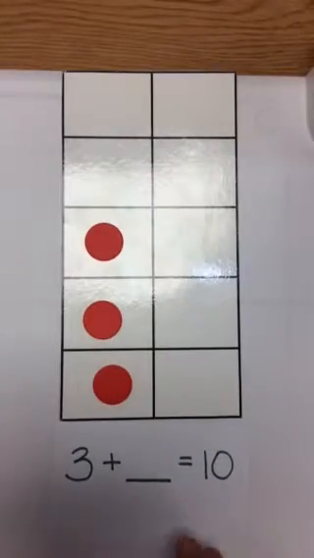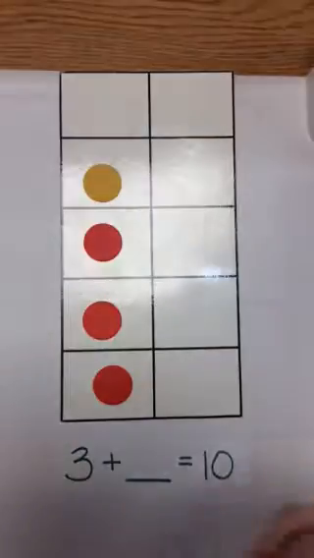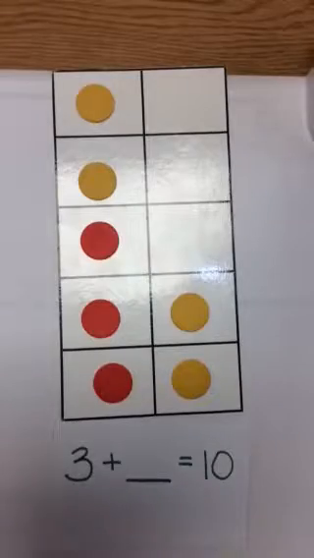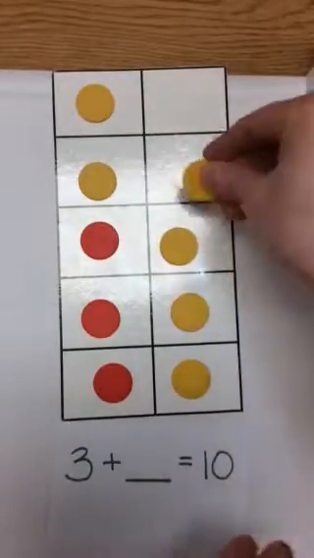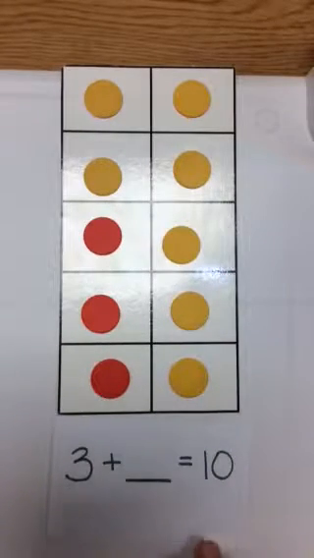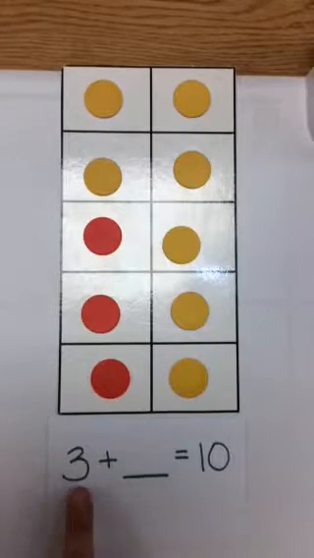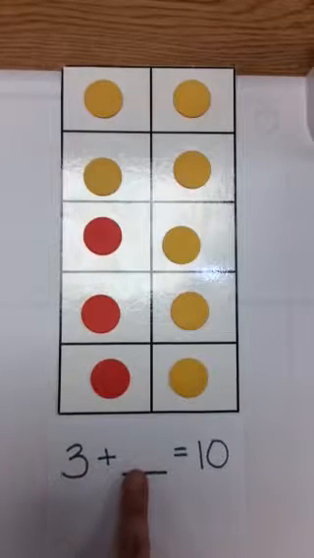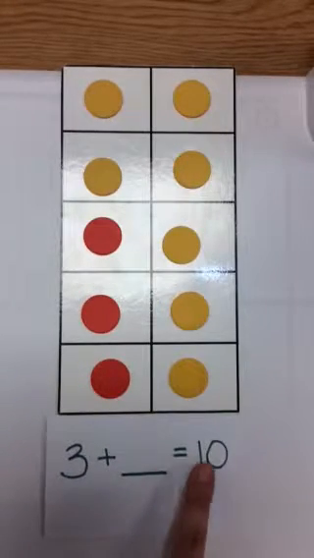Now we need to figure out what is that missing addend, using manipulatives to fill in the remaining spaces. All right, so the 10 frame is complete. You can see I started with 3 red dots plus 7 yellow dots to get the sum of 10.